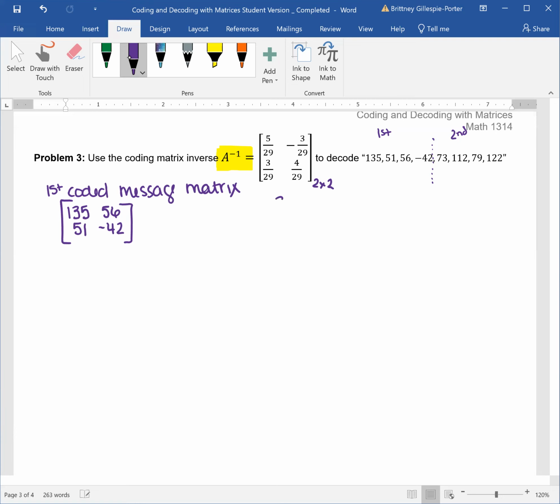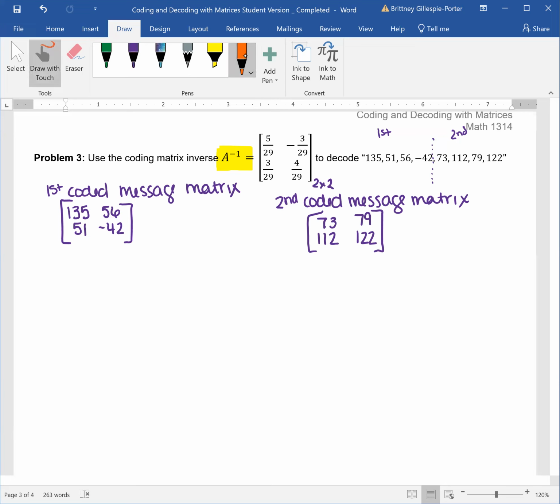And then our second coded message matrix is going to start with 73 in the top left, with 112 right below it, and then 79 and 122. We don't need to find A inverse because they already gave us A inverse.